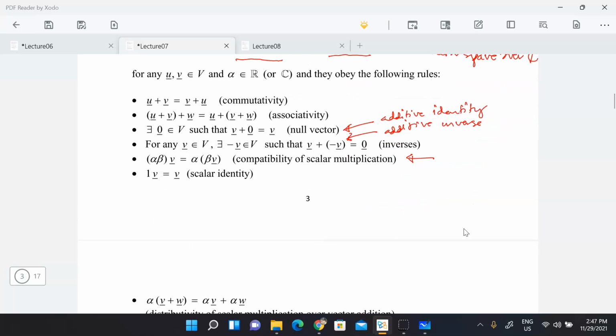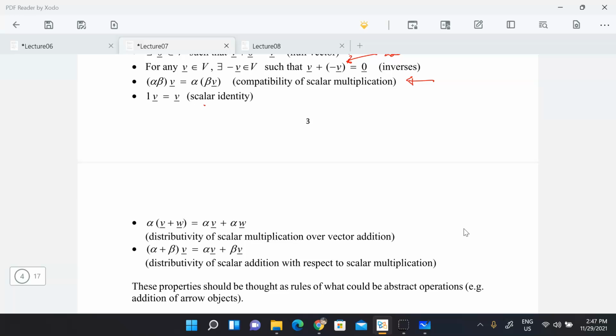Then you need a scalar identity, so that when it multiplies the vector v, it gives you v. And once you have these two operations together, you should be able to do a composite operation, meaning you combine two different operations. Here is an addition, here is a scalar multiplication, so you should know how to combine those two, and that gives you this rule.